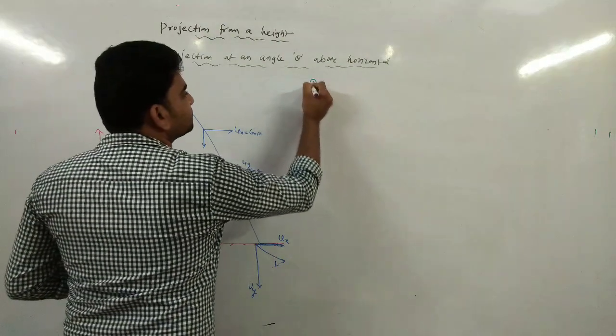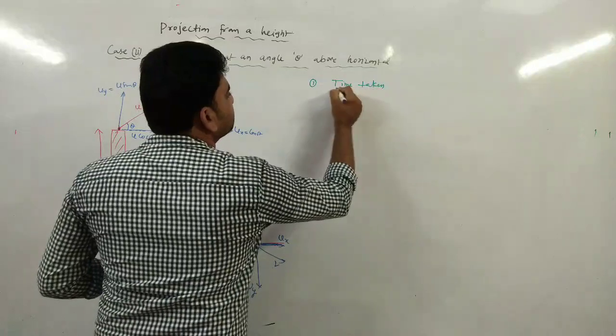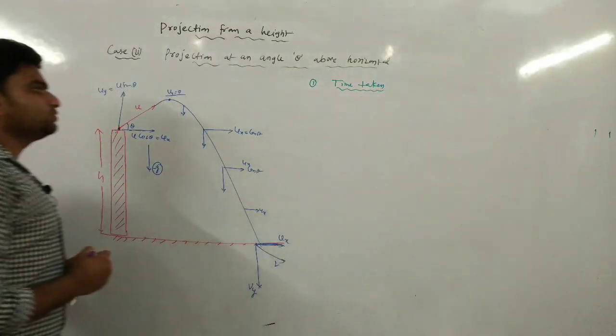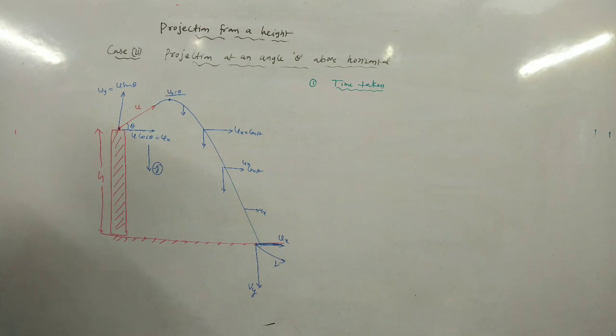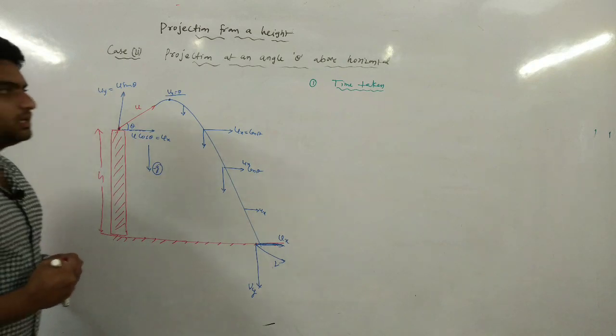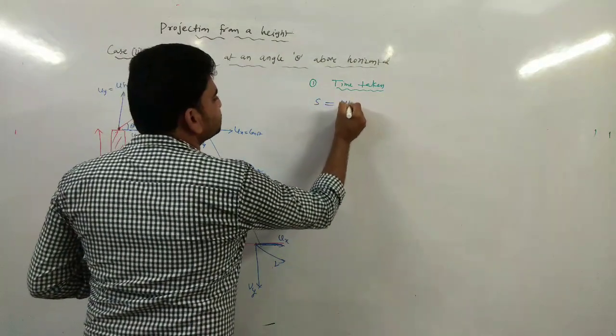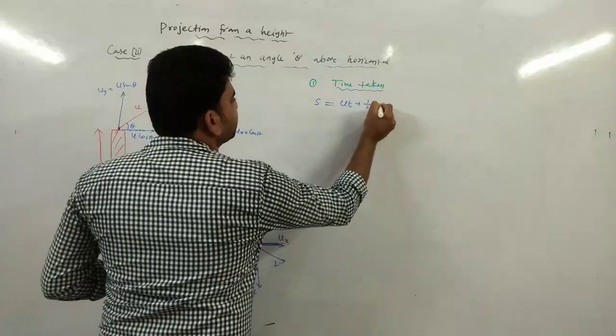So here I have some quantities to be calculated. My first one is, what is the time taken by the body to reach the ground? That is my aim 1. So time taken we are supposed to calculate. As I am having the displacement in the vertical direction, let me consider the motion in the vertical direction. Then we have an equation, s is equal to ut plus half at square.